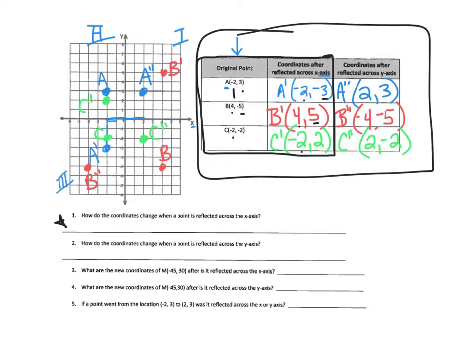Okay, so we're going to write that down here. When a point is reflected across the x-axis, we're going to say the x-coordinate stays the same, y-coordinate goes opposite.